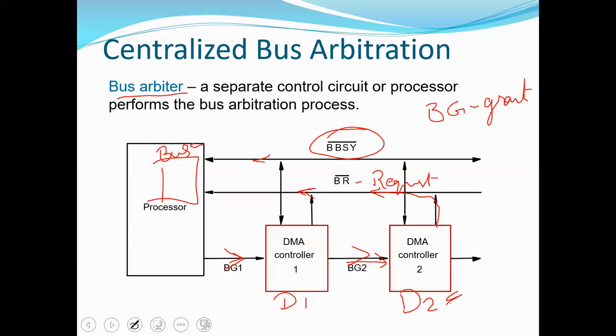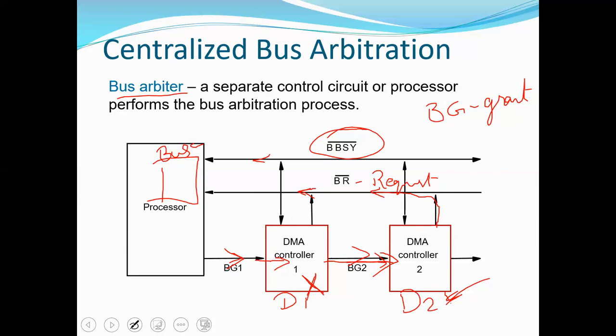But suppose device 1 has not asked; in this case, D2 has asked. So the bus grant is not requested by device 1. It receives the bus grant and forwards it to the next device. As device D1 has not requested the bus, it forwards to the next device.